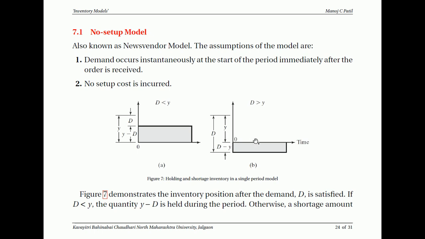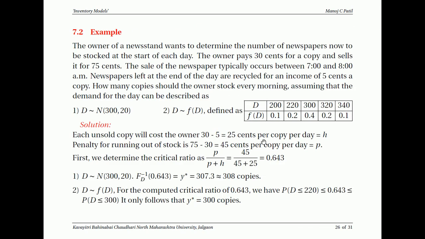So this is the penalty of 45 cents. Each unsold copy will cost the owner 30 minus 5, 25 cents, that is equal to h, the holding cost, and the penalty is 45 cents per copy per day, that is p. So p upon p plus h is equal to 0.643. By inverse CDF, as d is normally distributed with mean 3000 and standard deviation 20, we can obtain y star equal to 308 copies.